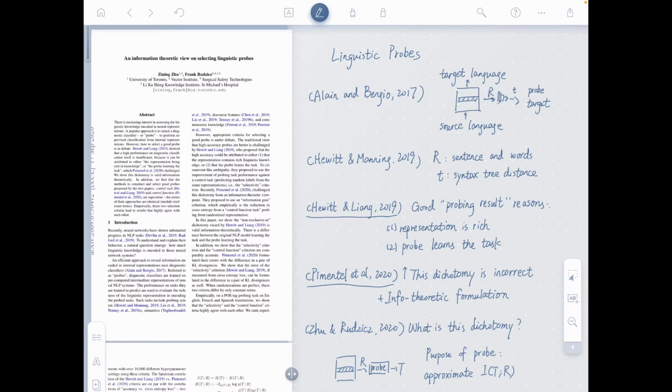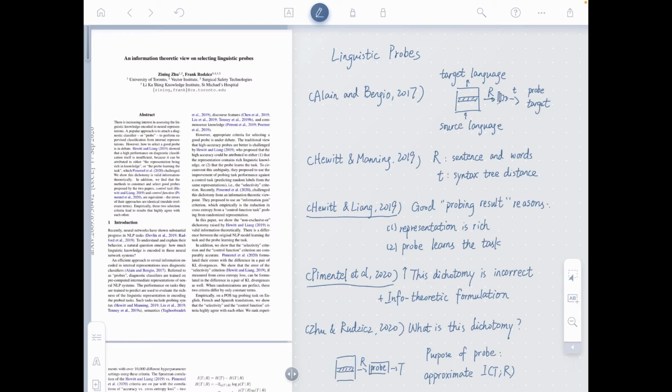First, the representation is rich in the information you want to probe. And second, the probe learns the task. Without giving an information theoretic formulation, they proceeded with using experiments to verify this dichotomy.